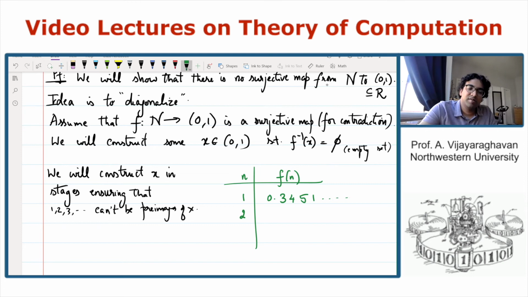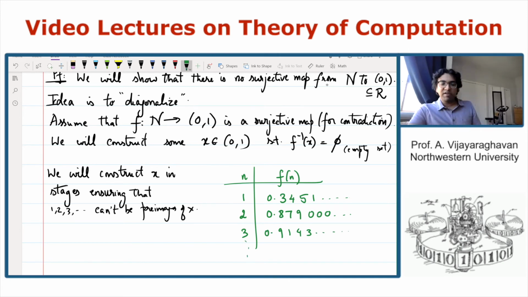The number 2 is maybe mapped to 0.87900, and so on. Then 3 is mapped to 0.9143, and so on and so forth.